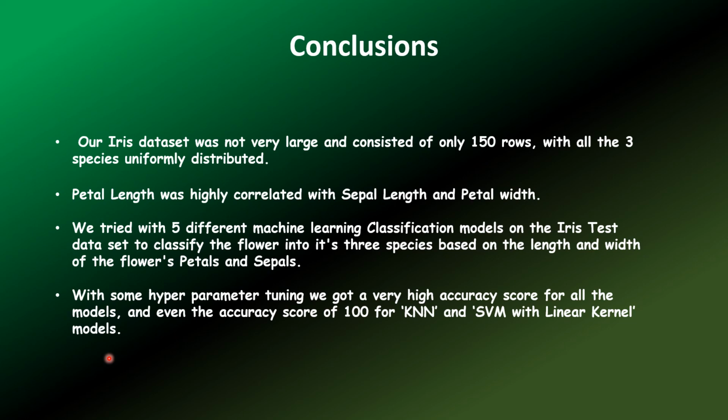Then we tried the 5 different machine learning models on the dataset to classify the flower into 3 species based on the length and width of the flowers, petals, and sepals. And with some hyperparameter tuning, we got a very high accuracy for almost all the models, and even an accuracy score of 100 for KNN and SVM with linear kernel models.